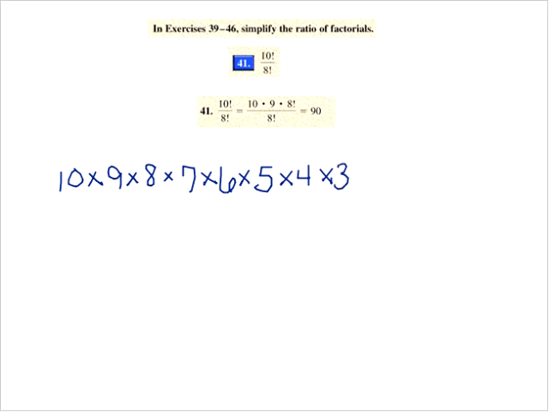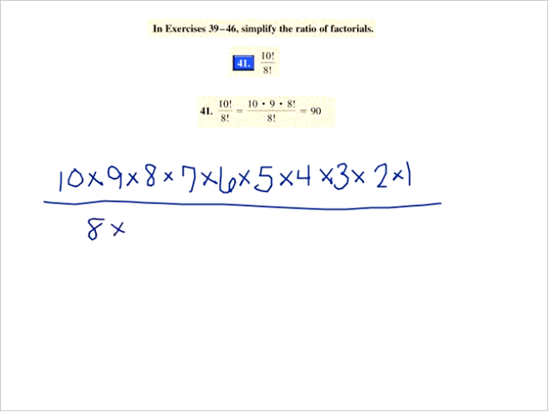All right, factorial should be review also. That exclamation mark means a factorial. Factorials mean you start with that number and then multiply backwards all the way to 1. So 10, 9, 8, 7, 6, 5, 4, 3, 2, 1. And in the denominator, 8 factorial is 8, 7, 6, 5, 4, 3, 2, 1.